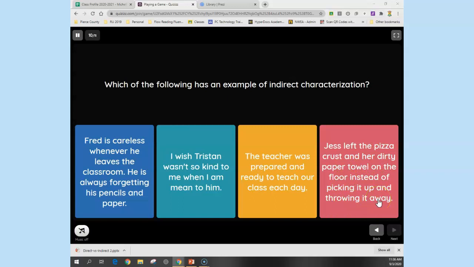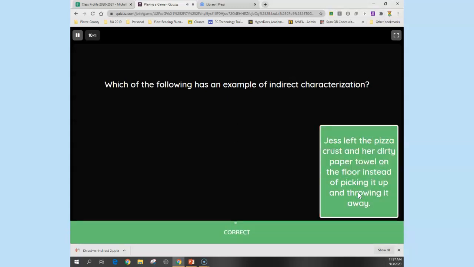In this one, we don't see an adjective that describes Jess, but because of what she leaves on the floor and what she doesn't do, we can tell that she's messy. She's irresponsible. That's what we have to come up with. We have to indirectly figure out what Jess is like based on what she does. So this is your indirect characterization.